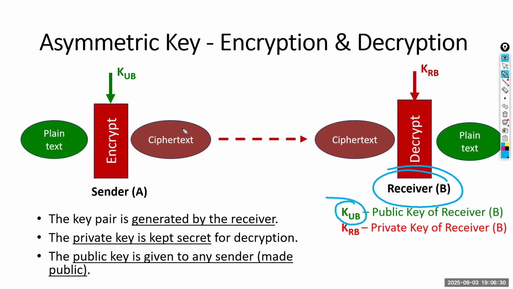Public key is given to the encryption process. Private key is kept secret and used by the receiver to decrypt. So these are related keys. So okay, and these are special encryption decryption algorithms.